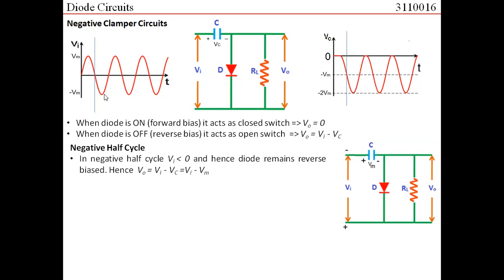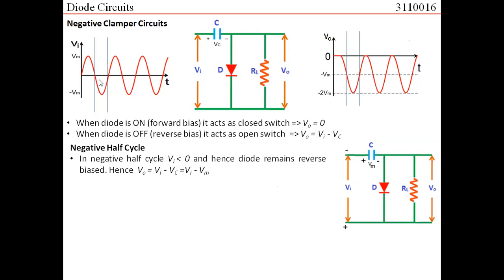What does this mean? It means that when the input voltage becomes minus Vm, minus Vm minus Vm would give you minus 2Vm. So I would get my negative peak on the output side at minus 2Vm.